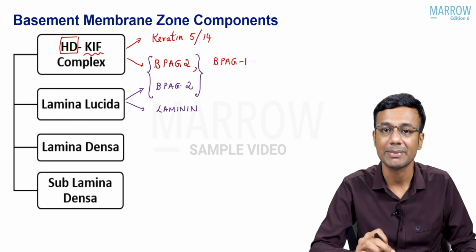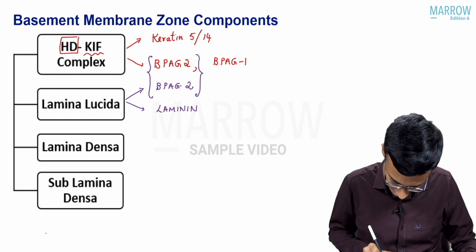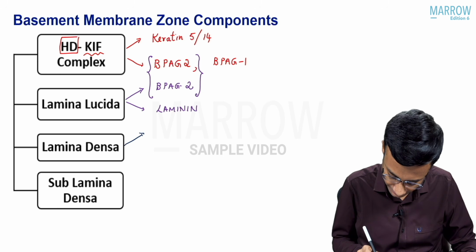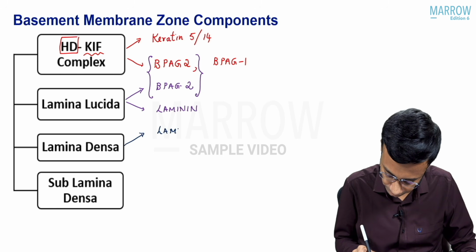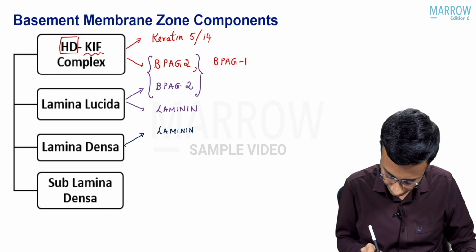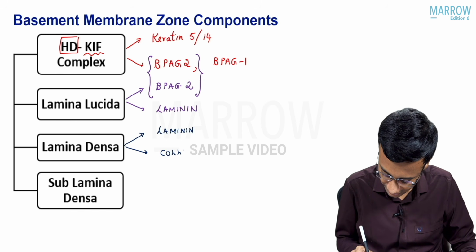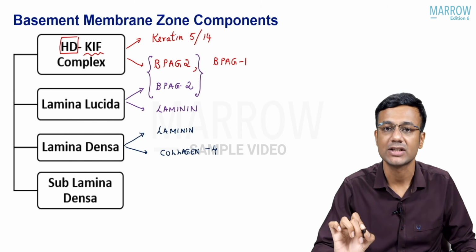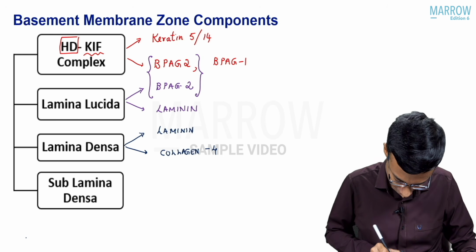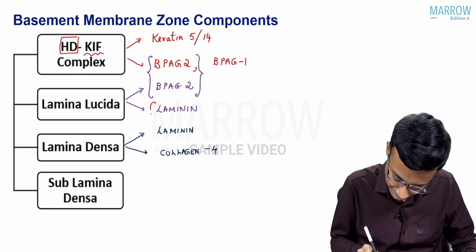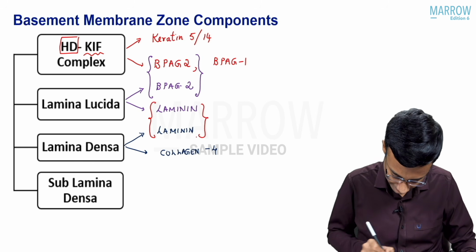Now let's go to lamina densa. When we are discussing lamina densa, we need to remember there is laminin as well as collagen number 4. So laminin is common to both lamina lucida and lamina densa.